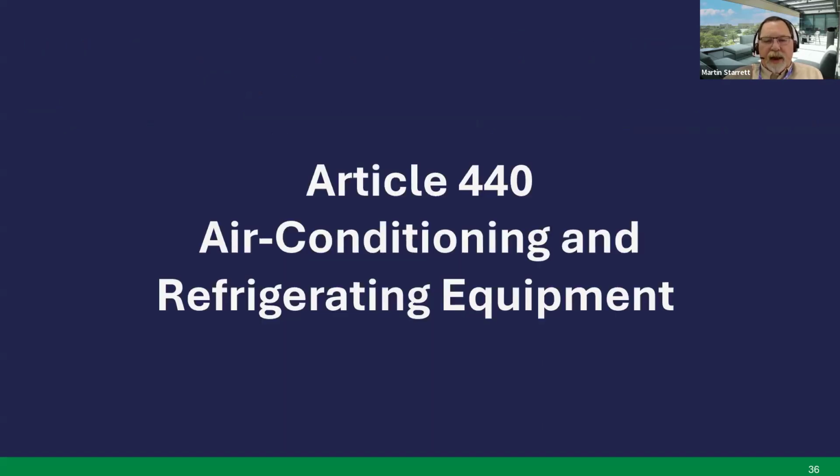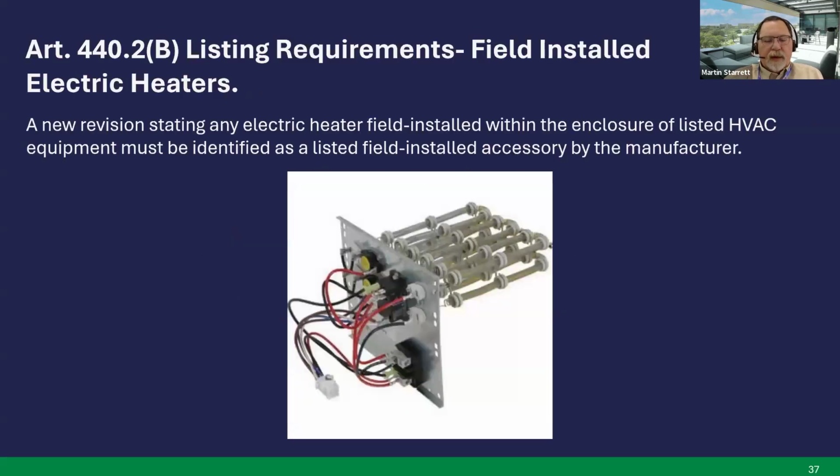Article 440, air conditioning and refrigeration equipment. As we've discussed in other articles, dot two is our listing requirements, and there's a lot more listing requirements in the 2026 National Electrical Code. This being one of them, 440.2(B).